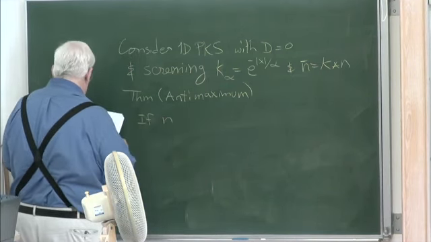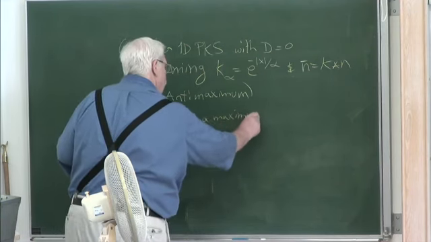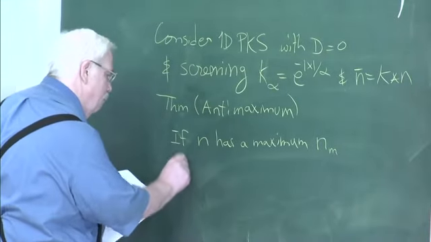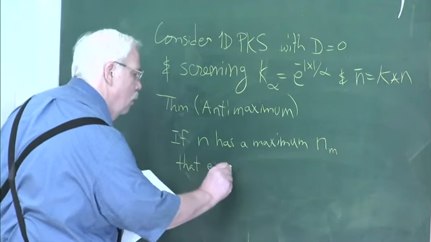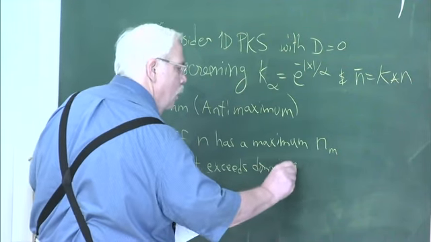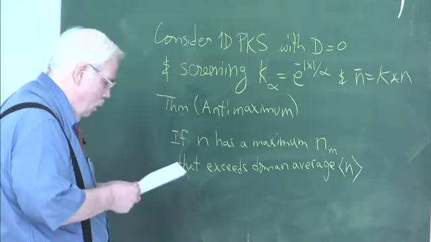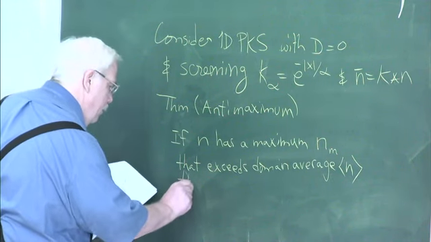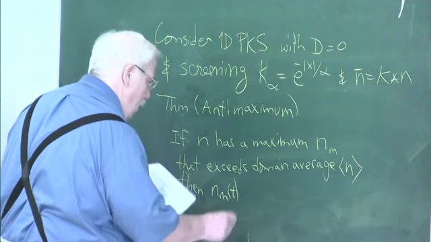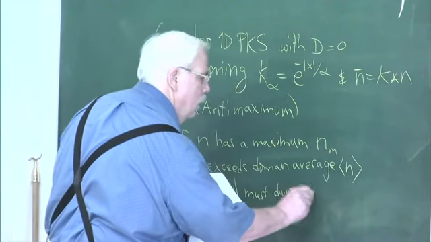if n has a maximum, some n_m for max, that exceeds the domain average of n bar, or n in brackets, then n_m, the value of the maxima as a function of time, must diverge in finite time.